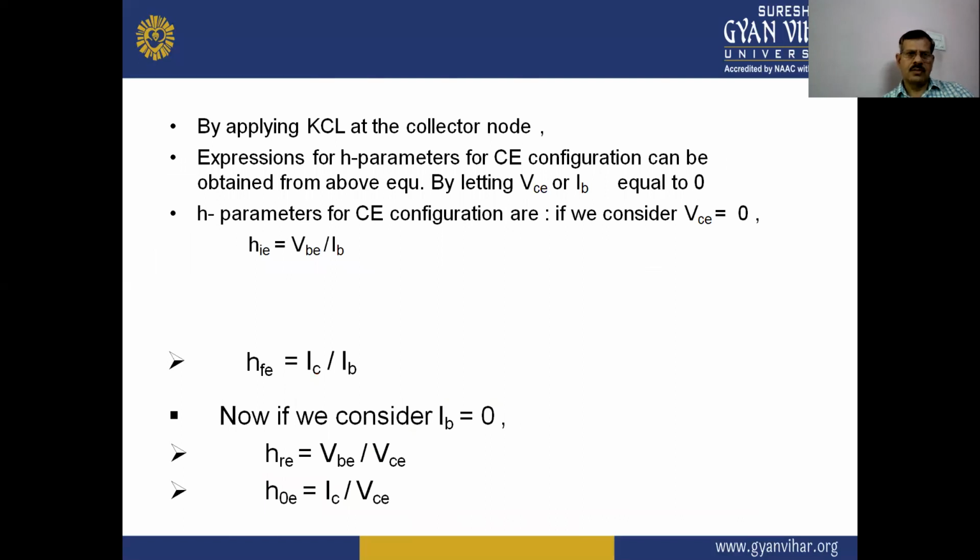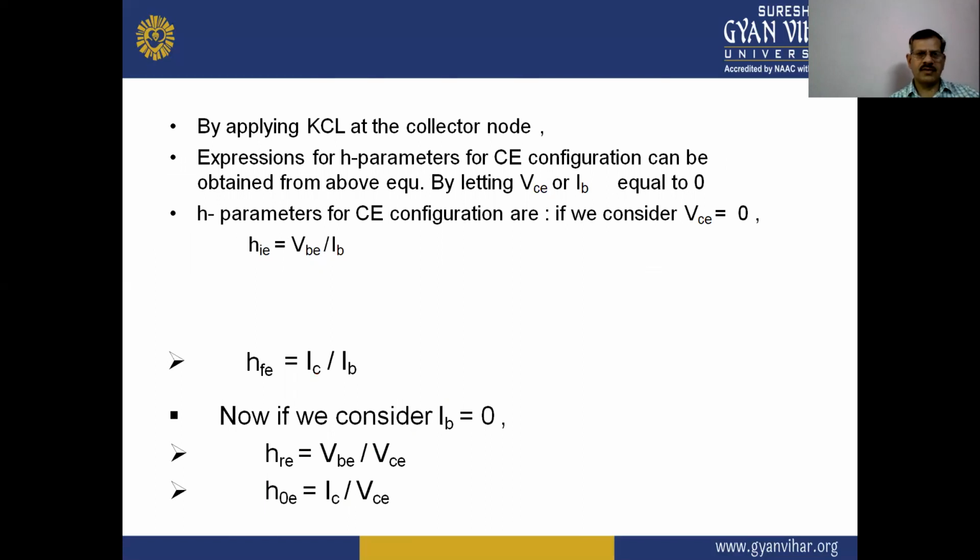Now by applying KCL at the collector node in this circuit diagram, the expression for H parameters for the CE configuration can be obtained from the above equations by letting VCE or IB equal to 0.